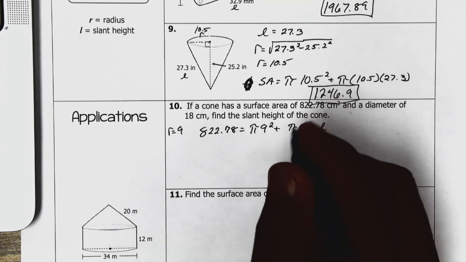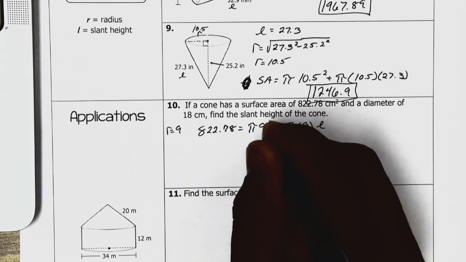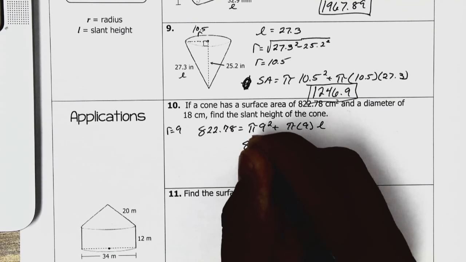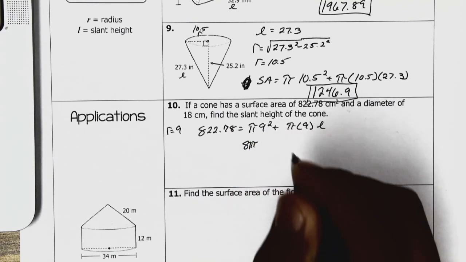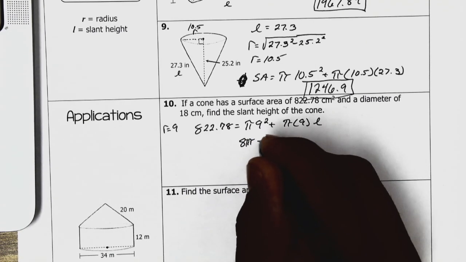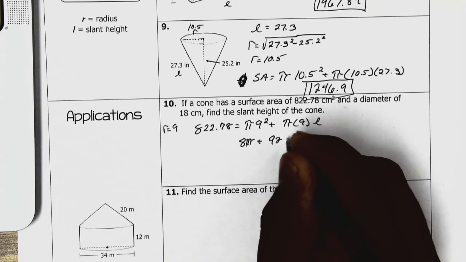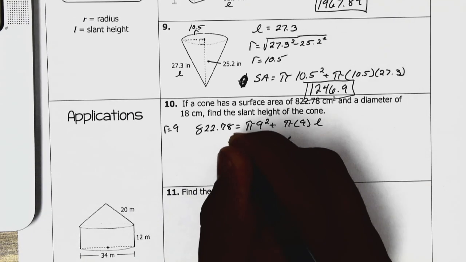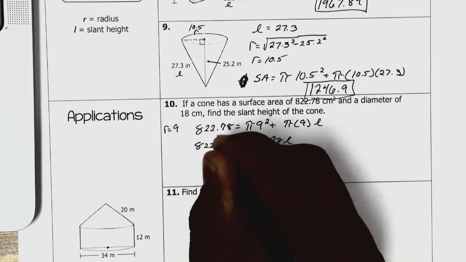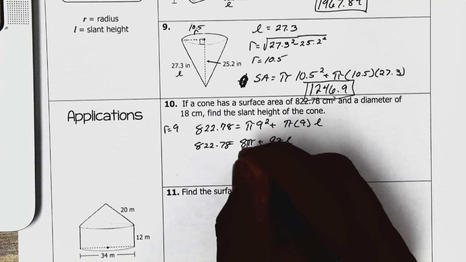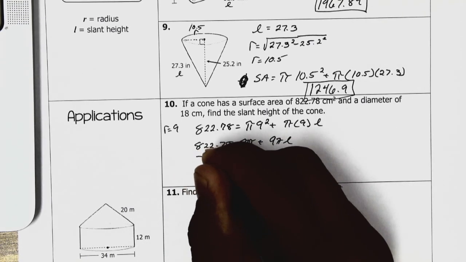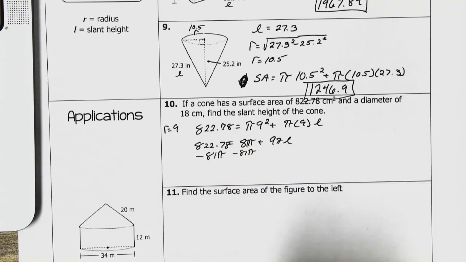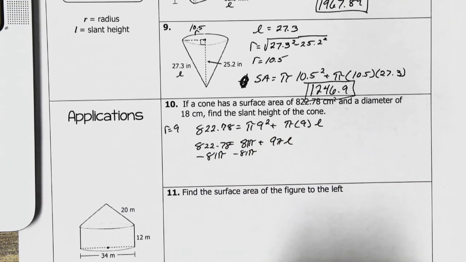So 9 squared is 81 pi plus this is 9 pi L. That's going to equal the 822.78. So first I'm going to subtract 81 pi from both sides. Then I'm going to divide by 9 pi.